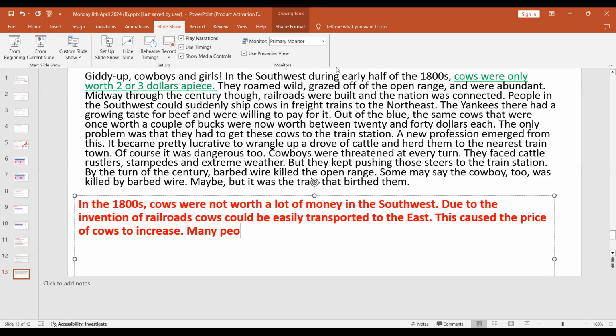Many people then became, well, many people then became what? Cowboys. Despite what? The dangers they faced. Okay.